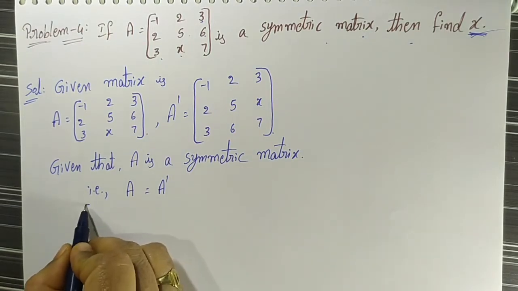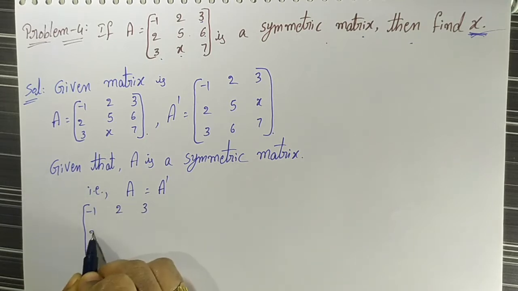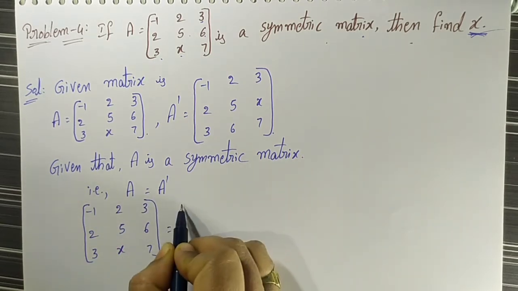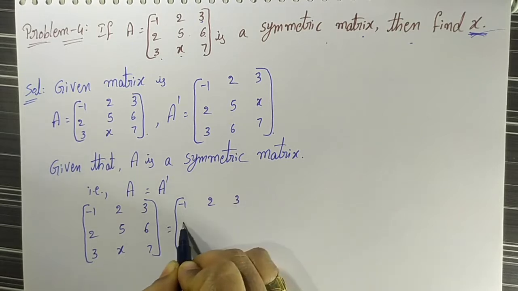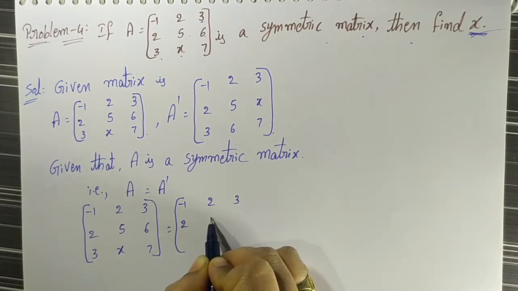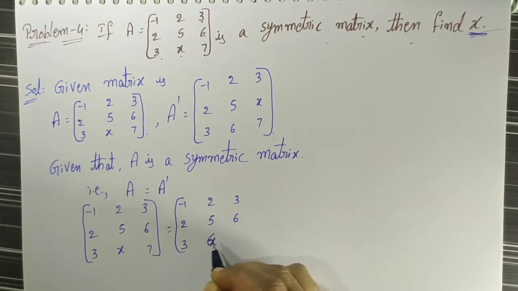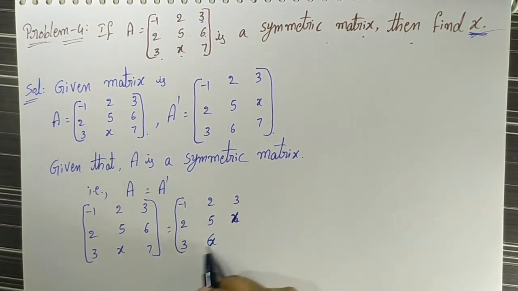That is, the matrix A [-1, 2, 3; 2, 5, 6; 3, x, 7] is equal to A transpose [-1, 2, 3; 2, 5, x; 3, 6, 7].